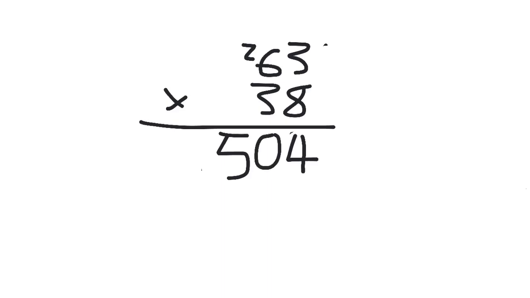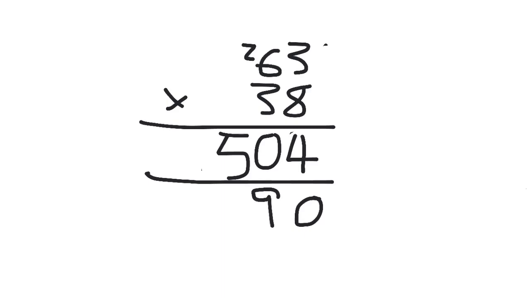Okay, now the next one I'm going to be multiplying by 30, so because that's a number in the tens, I'm going to add a 0 to the ones column. Now I can do 3 times 3, or it's actually 30 times 3, which is of course 90.